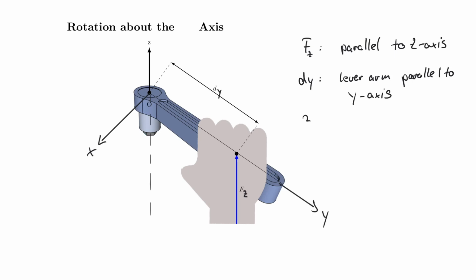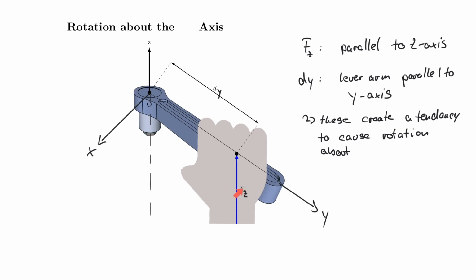And together, these create a tendency to cause rotation about which axis now? That's the question, right? So let's look at that.